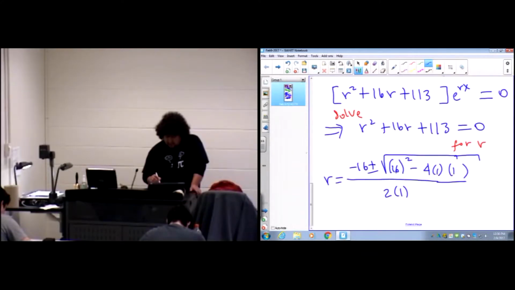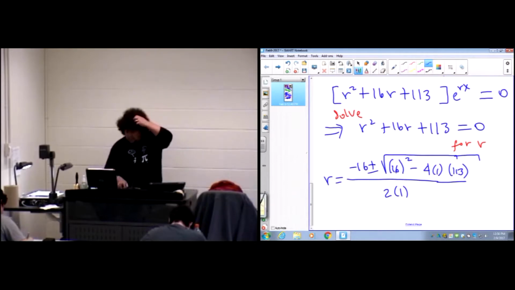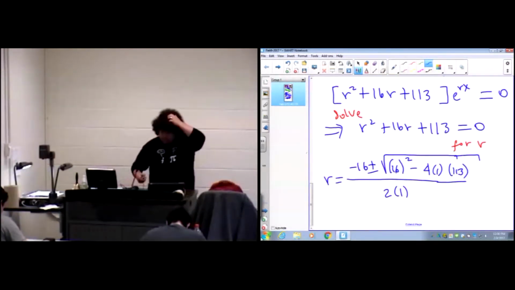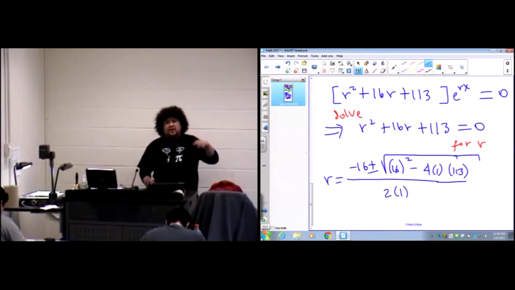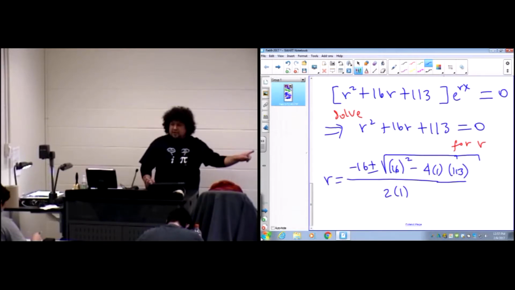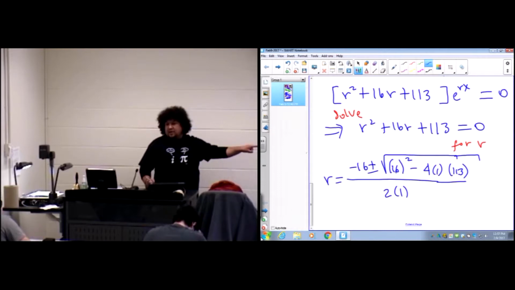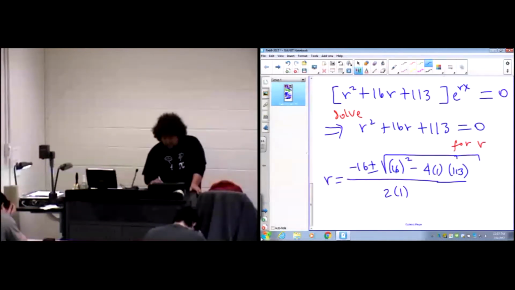Inside of this square root, this becomes 256, and 4 times 113 is 452. So this is looking like the square root of minus 196, and this is plus or minus 16.